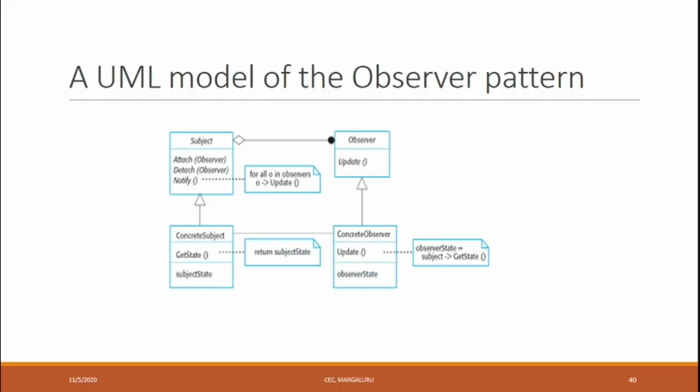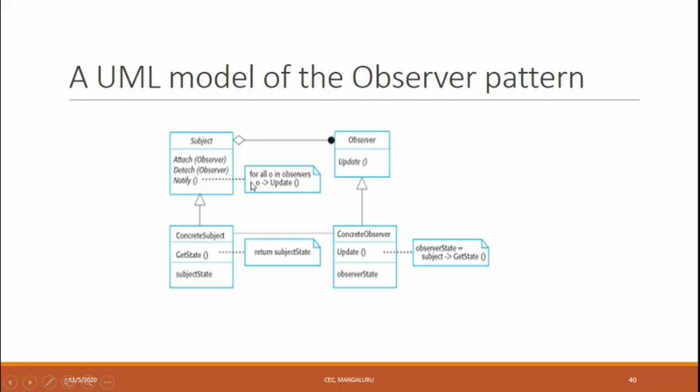Okay, so the UML model for the observer pattern. Observer and subject are declared, and there is one concrete subject, which is not much required. You can see how they have designed inheritance of the subject as well as inheritance of the observer. There are observer 1 and observer 2, which is for one user.